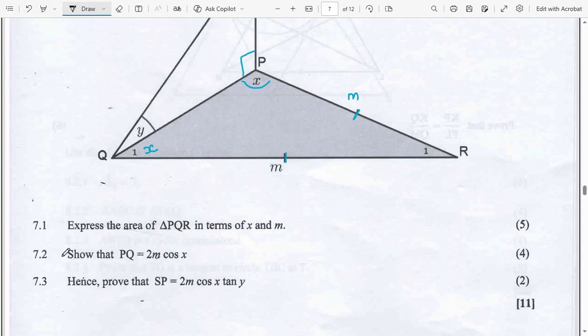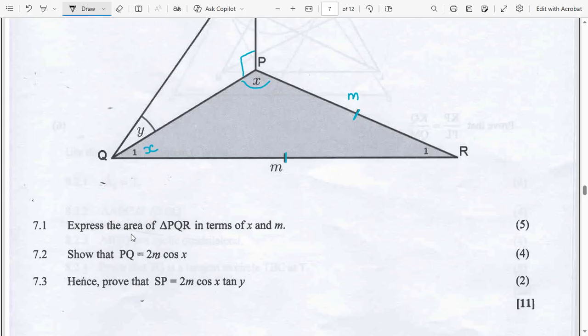The first question says for 5 marks. Wow. Express the area of triangle PQR in terms of X and M. Okay, so I want to teach you how to answer this type of questions by following what the question is saying.